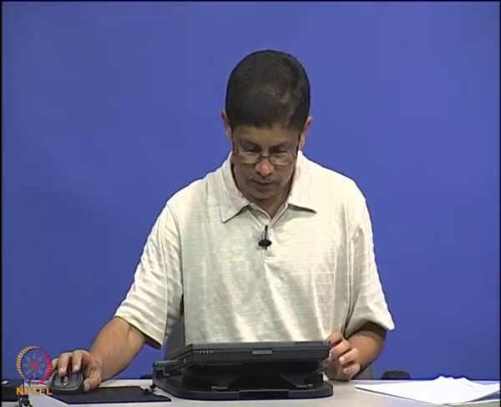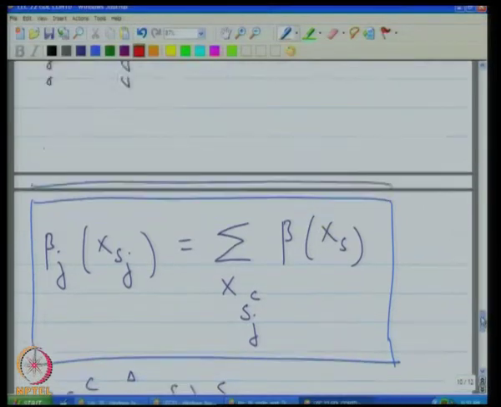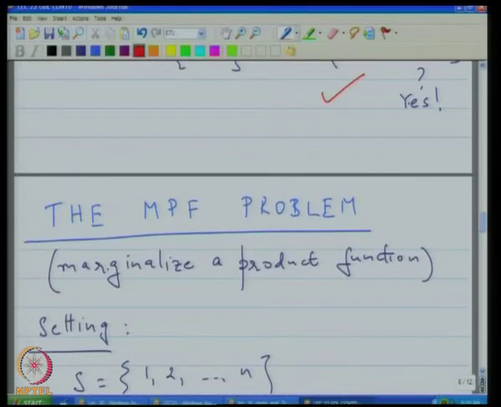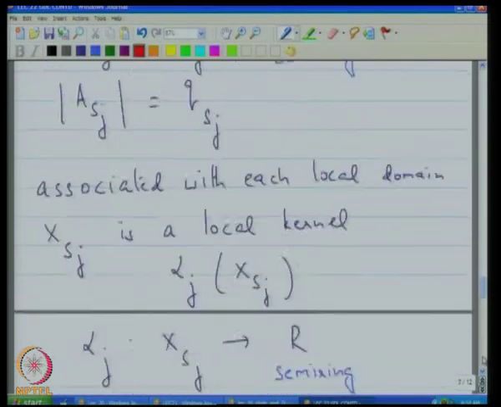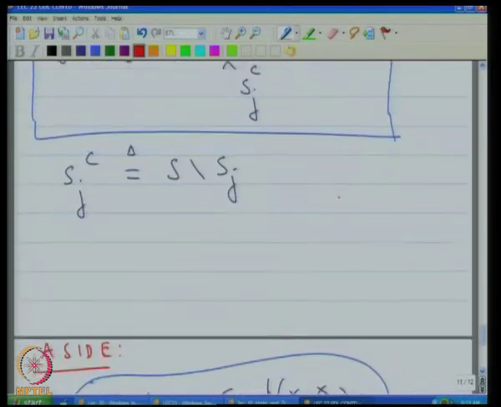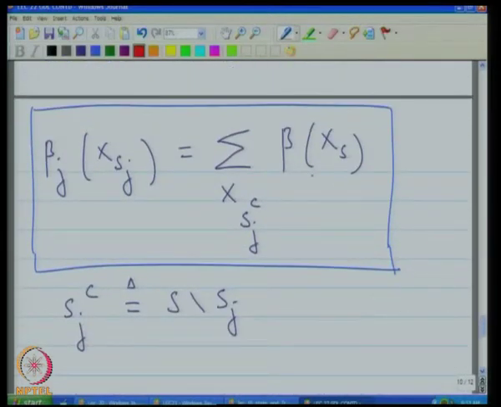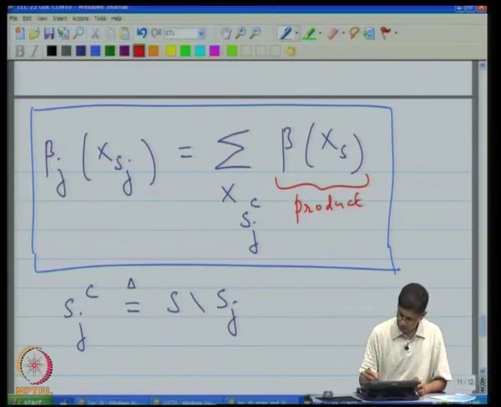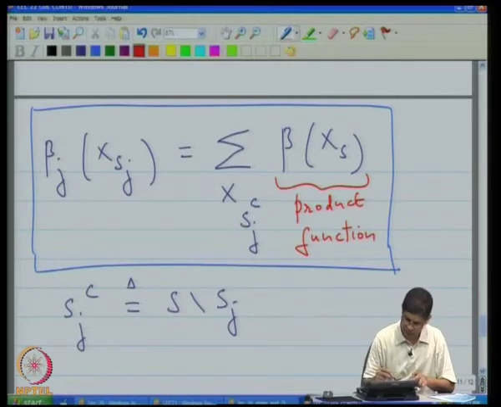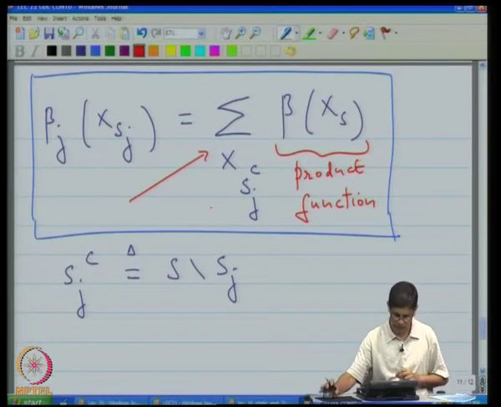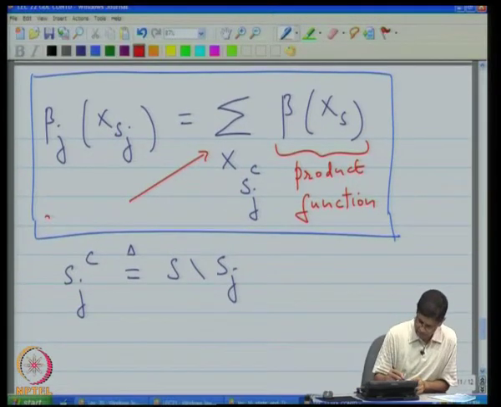So now the meaning of MPF should become clear, because you are trying to marginalize a product function. In our case the product function is the global kernel, and you are marginalizing because you are summing over a subset of the variables.